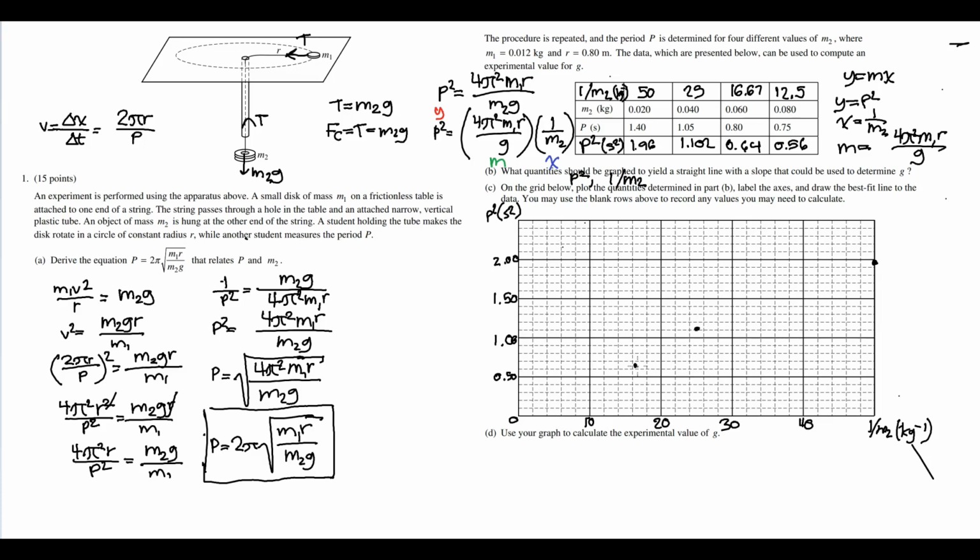So 12.5 is over here, and 0.56 should be about here.